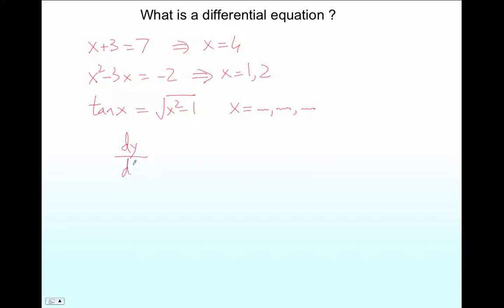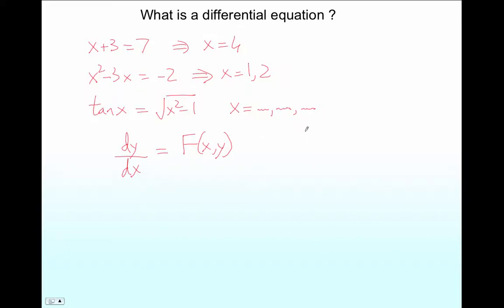A differential equation is of the form dy by dx equals some given function of x and y. Now, this is a first-order differential equation, meaning there is only dy by dx. There is no d2y by dx squared or any higher derivative.